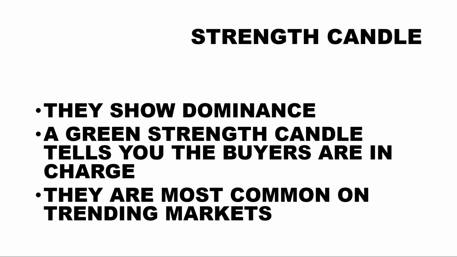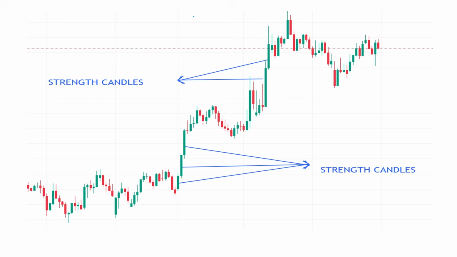They are most common in trending markets. You understand why? Let's say you're in a support zone. When the market respects that support and moves away, it gives strong rejection of that support to show that it is very valid.